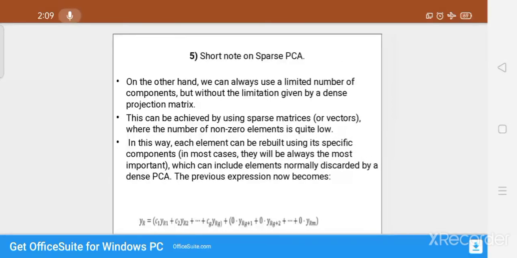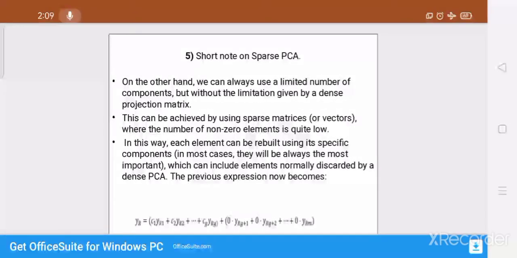Now, on the other hand, we can always use a limited number of components. As we know, the number of principal components that we derive is limited, less than or equal to the number of features available in the data set, but without the limitation given by the dense projection matrix.